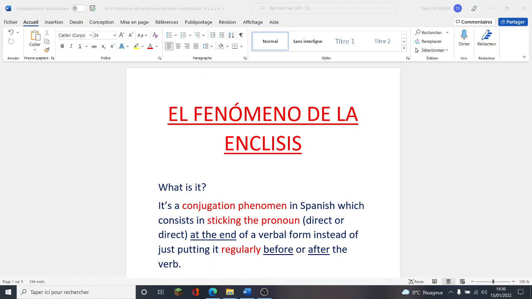Today we're going to be focusing on conjugation phenomena in Spanish. Yeah, we're changing the theme a little, since the last two videos weren't about that. We're starting with conjugation tips, and what better way to start learning conjugation than learning this phenomenon called la enclisis in Spanish.